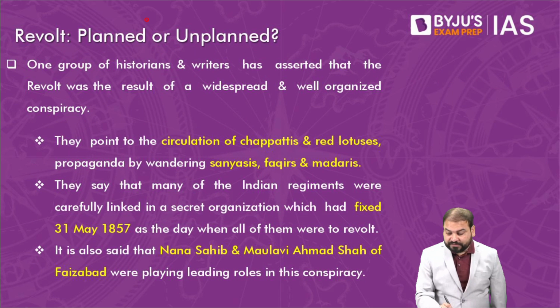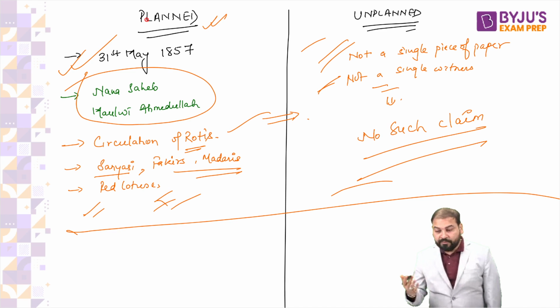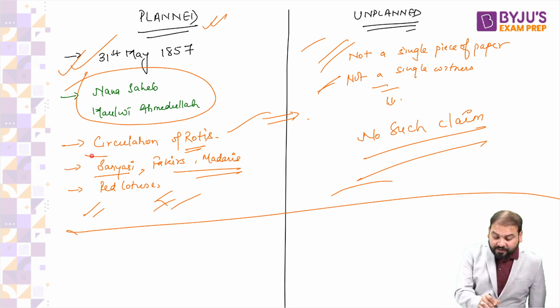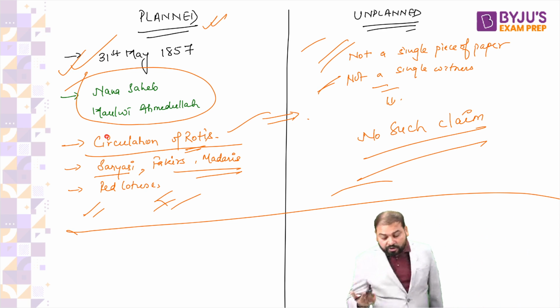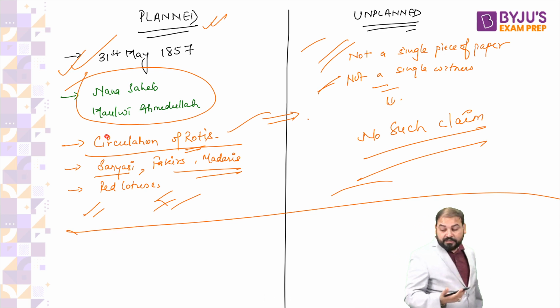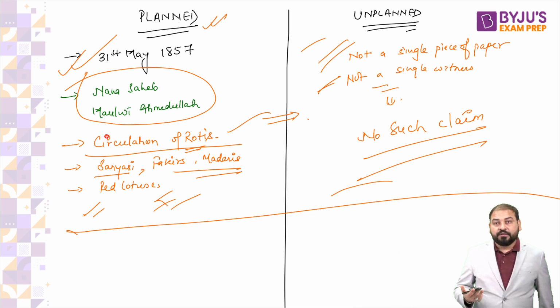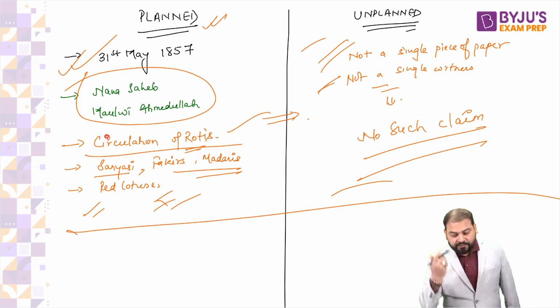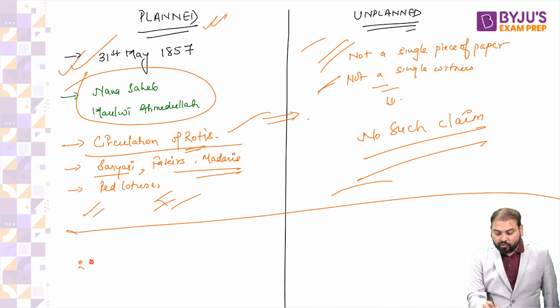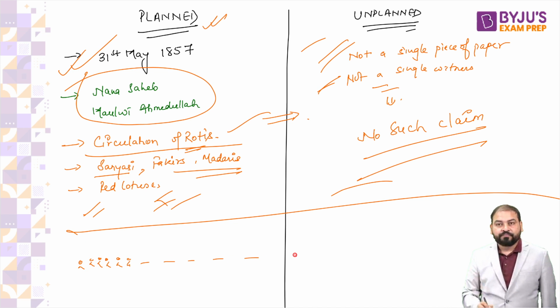See, all of you understand. Some of you are asking, sir, why circulation of rotis? I told you, they did not know why. But then, please understand, I'm just giving you one example. So many soldiers passed from different villages.